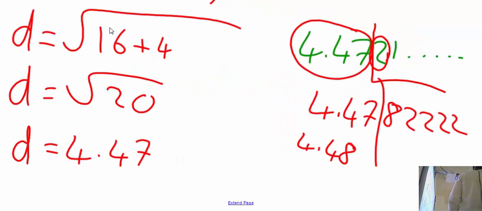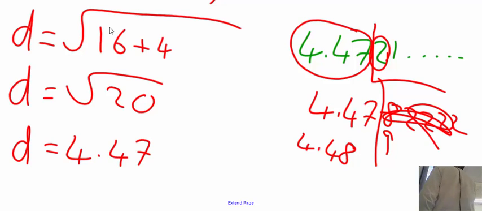So this time, the number that comes after 7 is more than 5. So therefore, your answer would be 4.48. But that's not the case for this question, but you will come up with answers like that. If the third digit after the decimal is 5 or more, give 1 extra. Less than 5, ignore it. So in this case, I'm going to ignore it because 2 is less than 5, and the answer will be 4.47.